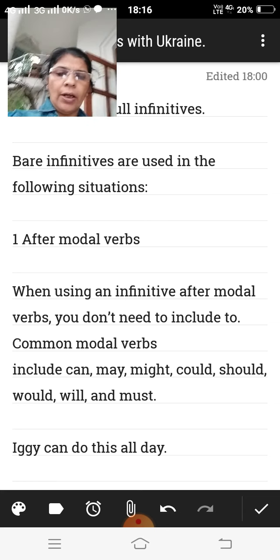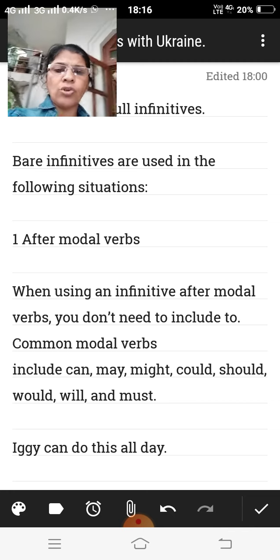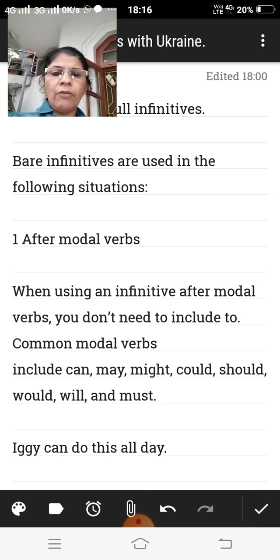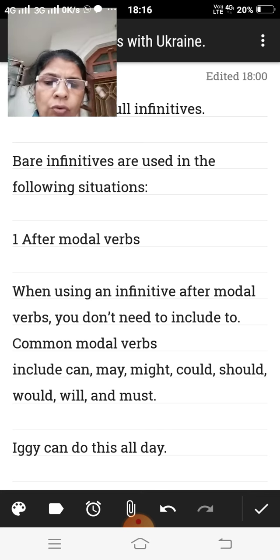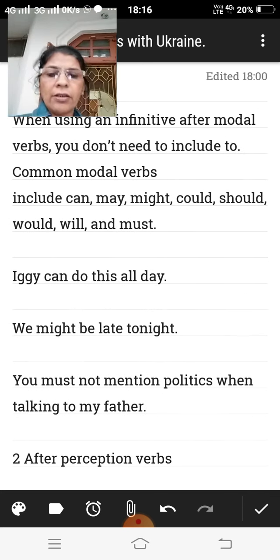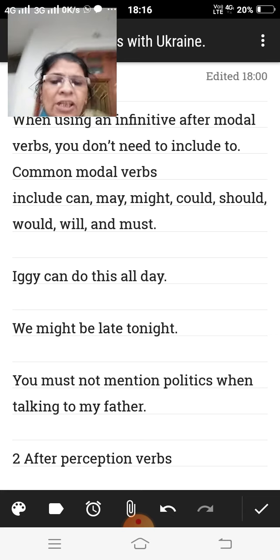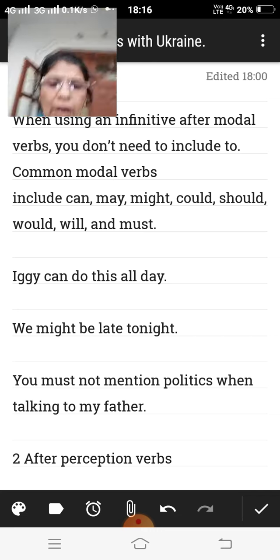Common modal verbs include can, may, might, could, should, would, will, and must. Iggy can do this all day. We might be late tonight. You must not mention politics when talking to my father.